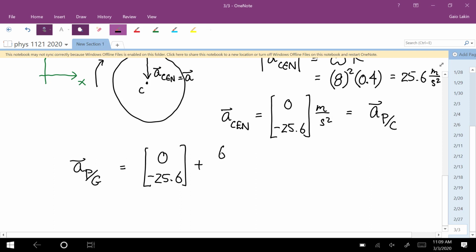That is the 6, negative 2. And so the acceleration of P relative to the ground is 6, negative 27.6 meters per second squared.